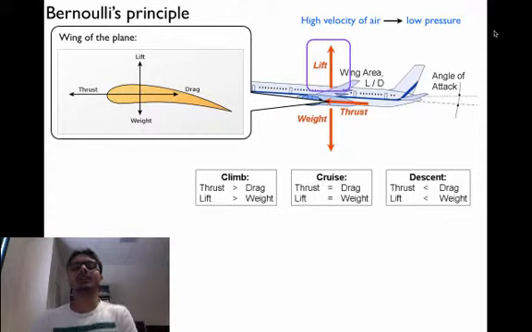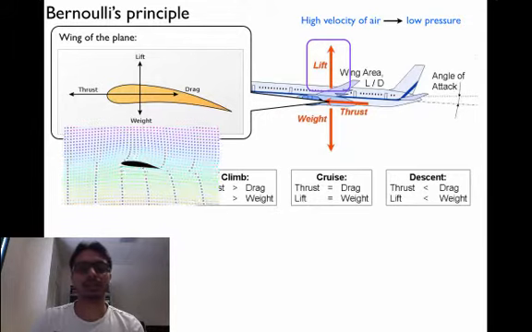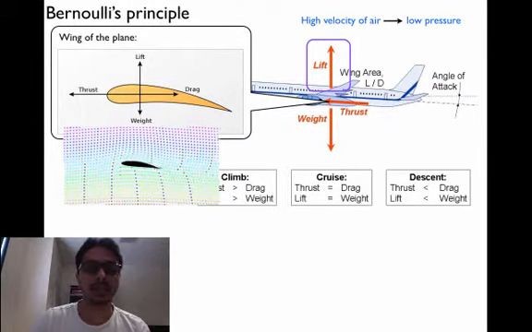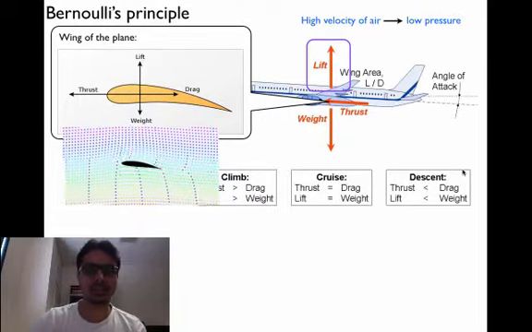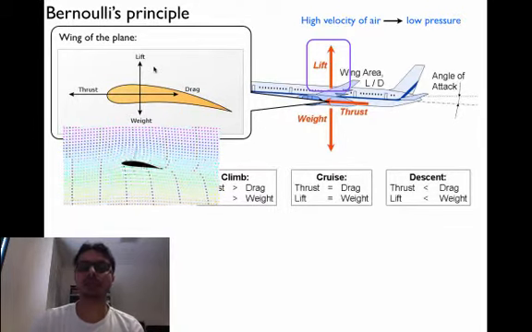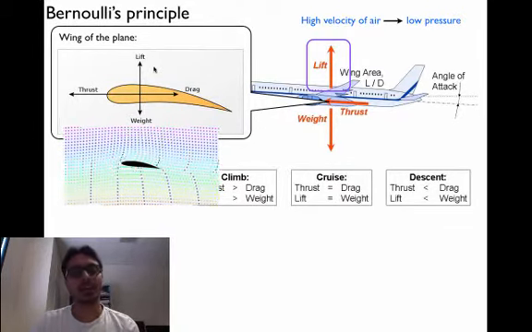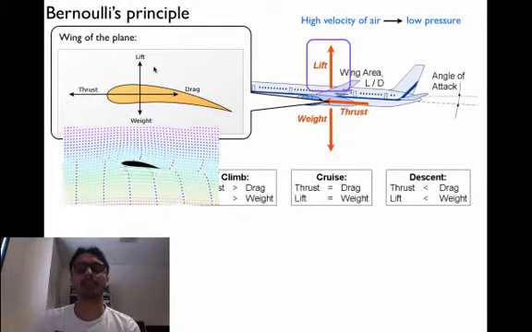Now let's look at what happens while flying the plane. Due to the thrust, the air above the wings is at a higher velocity. This is also shown using this animation.